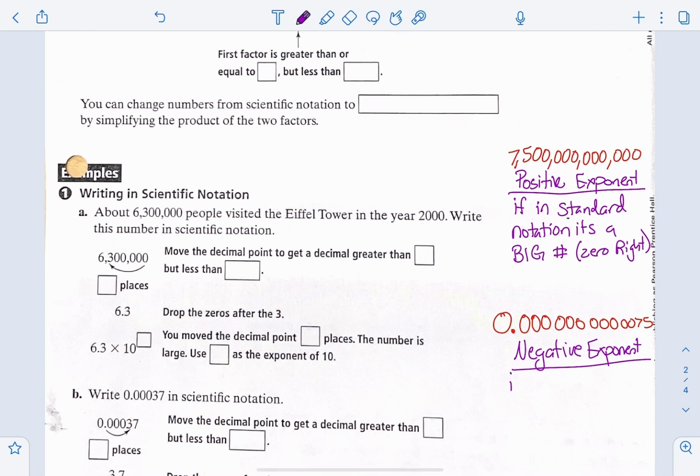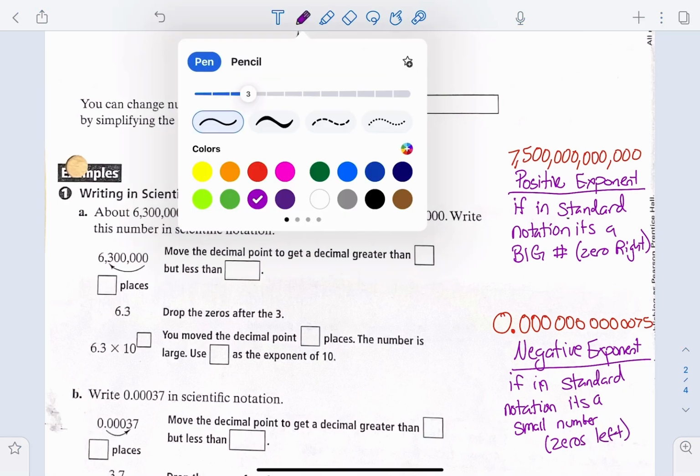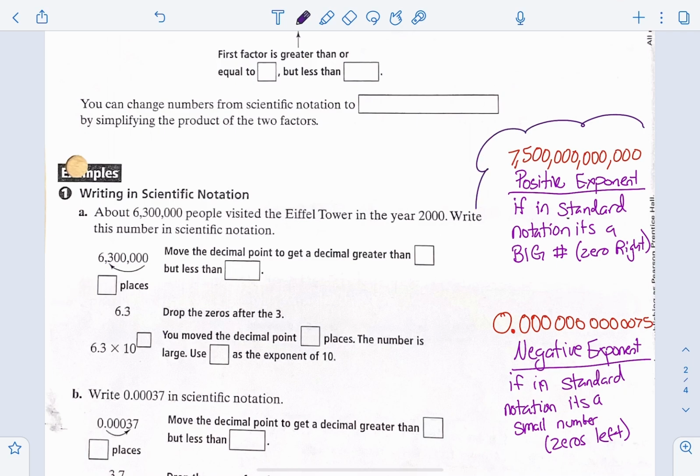We know that because in standard notation it's a small number, so the zeros are on the left. These are your two little clues to help you remember.